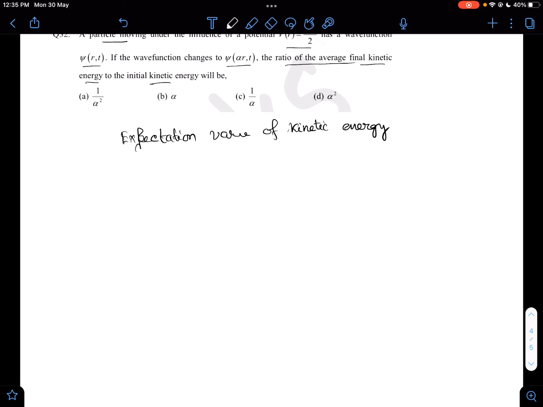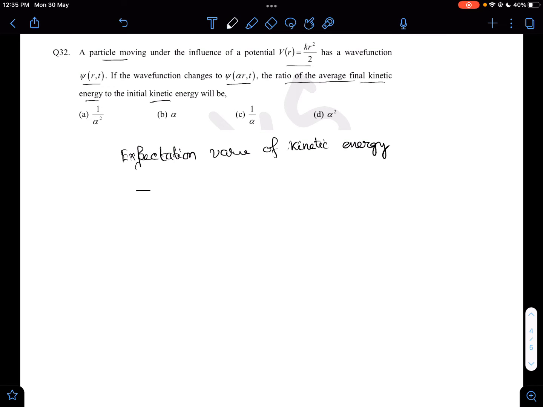And we know how to calculate the expectation value of any operator. If kinetic energy is represented by the T operator, then the expectation value of it will be the integral of ψ*(r,t) T ψ(r,t), and since this is in 3 dimensions, we have r² dr here. So this is our average kinetic energy.